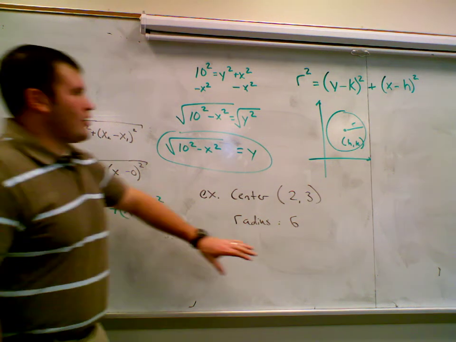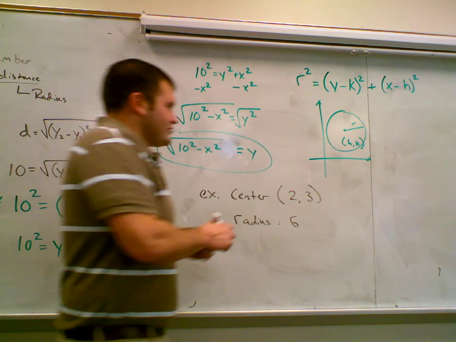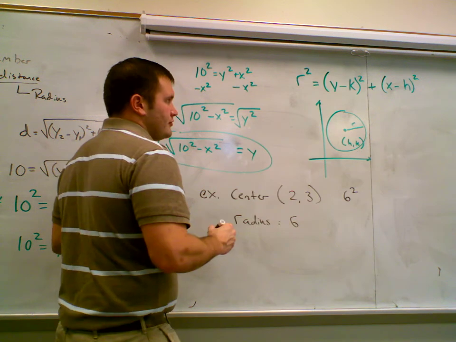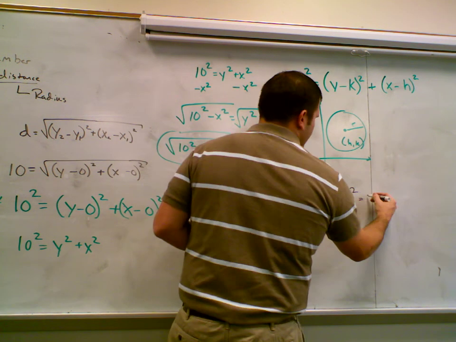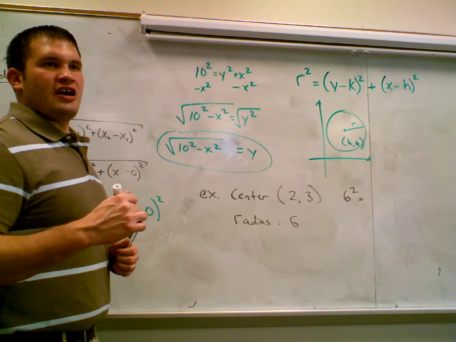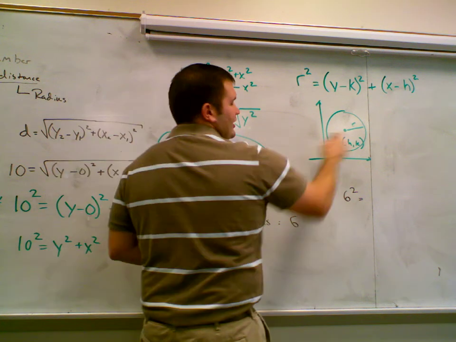All right, where does the 6 go? No, the R. So we have 6 squared, right? Where does the 2 go? The Y, the H or K? The H, because it's H comma K, right?